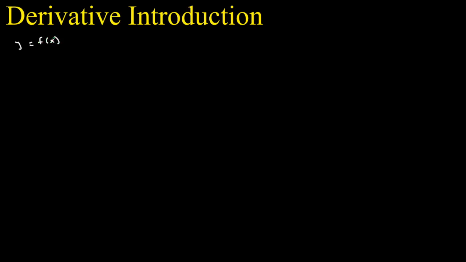And then we define the slope of that curve at a point x equals a to be the limit as h tends to 0 of f of a plus h minus f of a, divided by h, right?